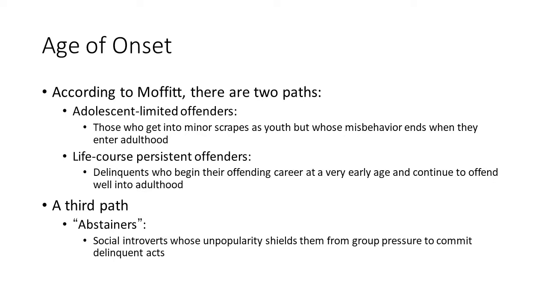On the other hand, according to Moffitt, the adolescent limited offenders do not really come from a problematic background. Instead, so many youths commit delinquency in their teenage years that she considers it almost normal. The causes of juvenile delinquency for this group are very different.